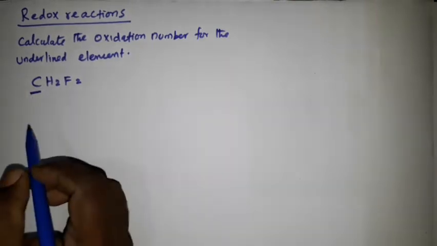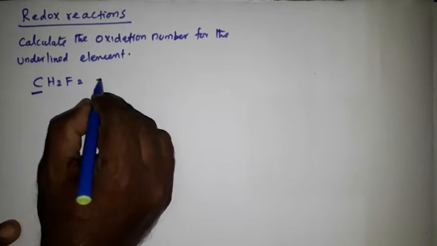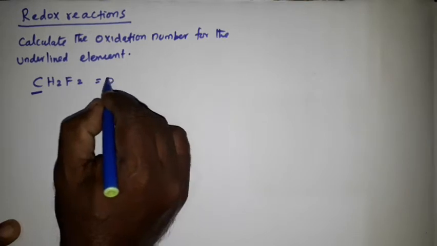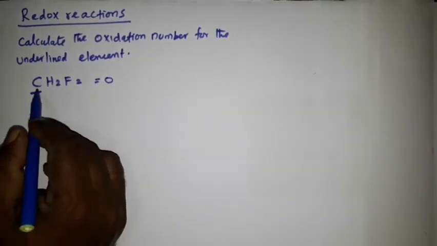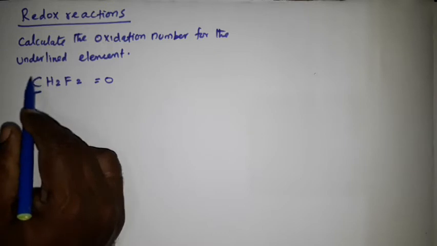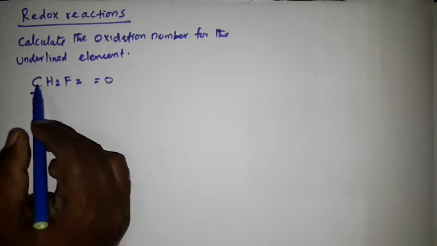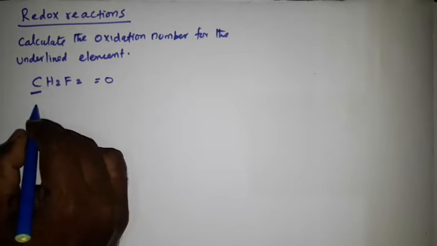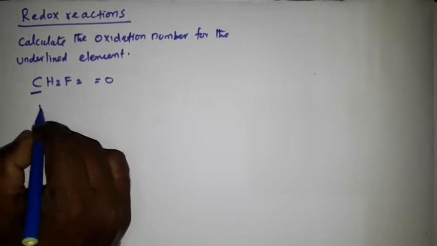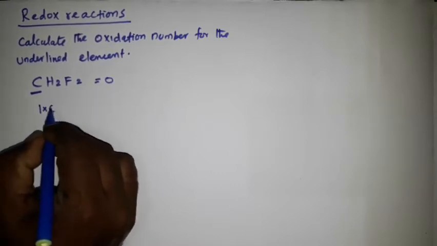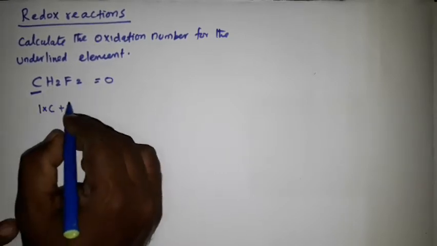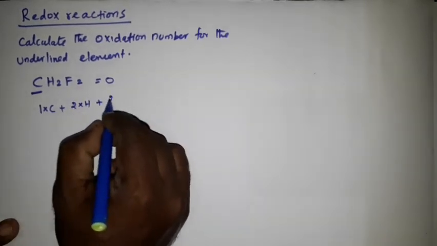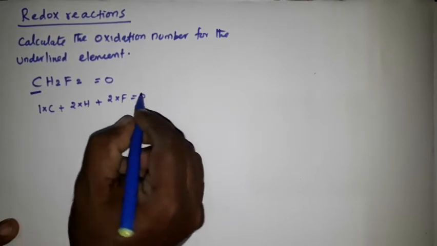See, now go through the rules. So keep the compound, the total oxidation number for the given compound is 0. Now calculate the underlined element's oxidation number. For that you can keep either X or you can write the element symbol as it is. So I am writing here how many carbon atoms are here, only one carbon atom plus hydrogen 2 into hydrogen plus 2 into fluorine equal to 0.